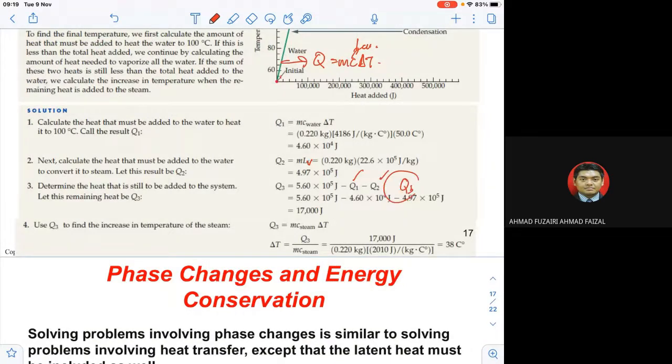After you get Q3, you apply it to this part using C steam, not C water. C steam is 2010 joules per kg per Celsius. So you get 38 degrees Celsius, so the delta theta will be 38 degrees Celsius.